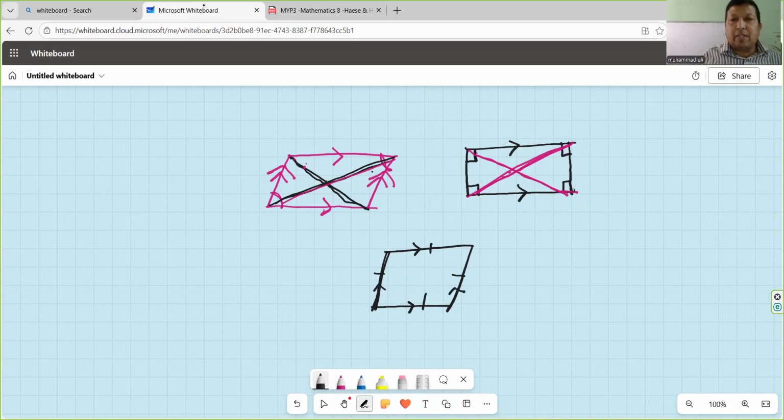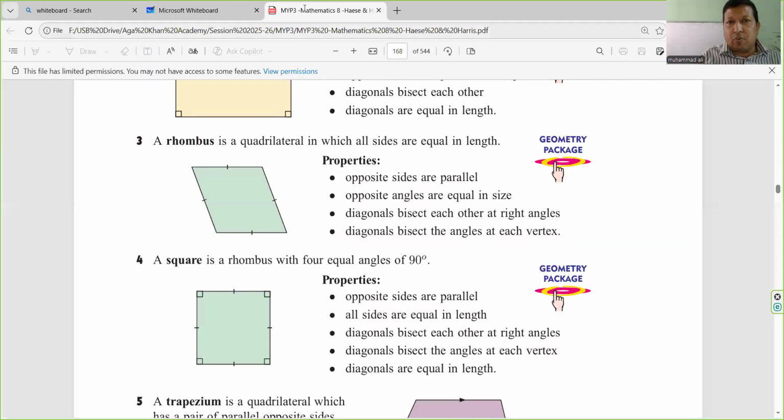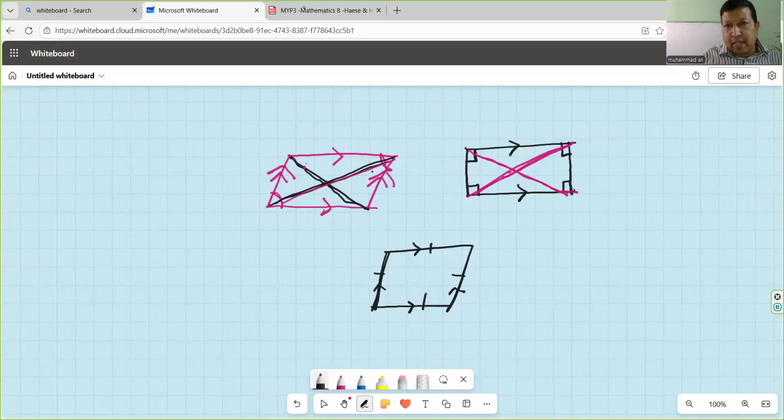So first property, parallel. Second, opposite angles are equal. This angle is equal to that angle, and this angle is equal to that angle.